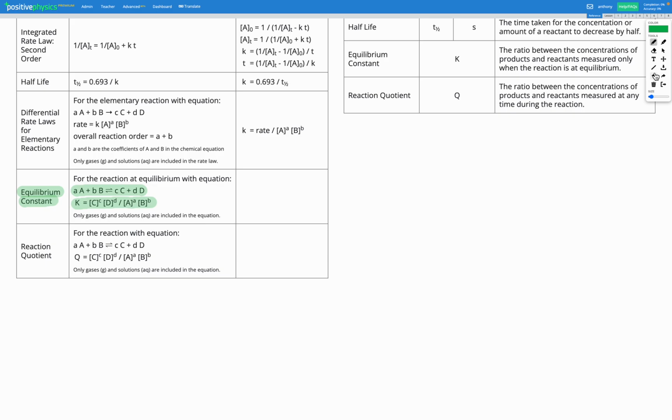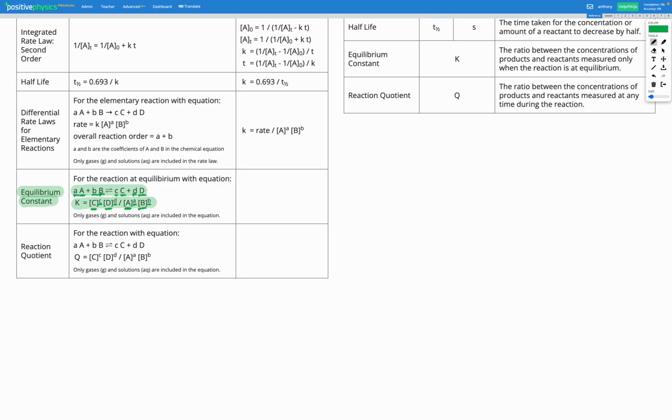On the top of the fraction, we have the concentrations of our products, which are uppercase C and uppercase D. On the bottom of our fraction, we have the concentrations of our reactants, which are uppercase A and uppercase B. However, we can also see that those concentrations are to the power of the coefficients from the chemical equation. So if lowercase c is the coefficient of uppercase C, we've got the concentration of C to the power of lowercase c. And we've got the same for D, A, and B.